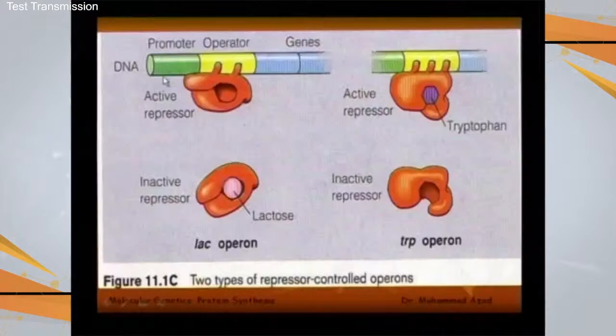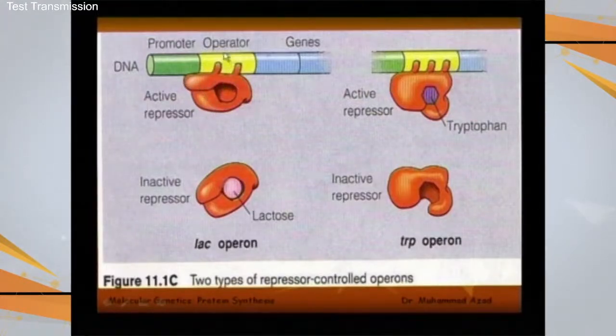Going with the details of both of these varieties of operons in the form of slides and animations. In this picture, we are going to look at these 2 operons. One is the Lac Operon, the lactose operon. Once it is in the active repressor form, it is going to block the operator gene, and when lactose is present the repressor is inactive and the genes are expressed. In the case of tryptophan, which is one of the products, normally the inactive form of the repressor is this molecule.